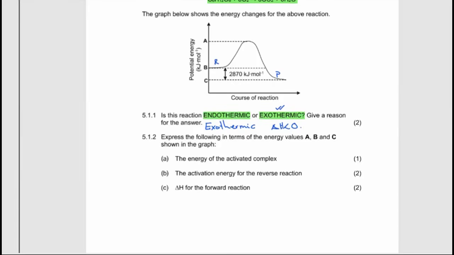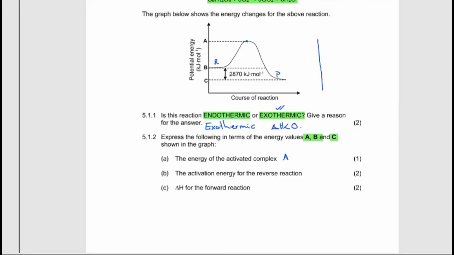Then 5.1.2 says express the following in terms of the energy values A, B, and C shown in the graph, right? So the energy of the activated complex. Remember, the activated complex is the unstable transition from the reactants to the products. So here we are at the peak, which means we are going to have our value or symbol A. Remember, we're asked to indicate in terms of A, B, or C. Then to proceed, the activation energy of the reverse reaction, right?